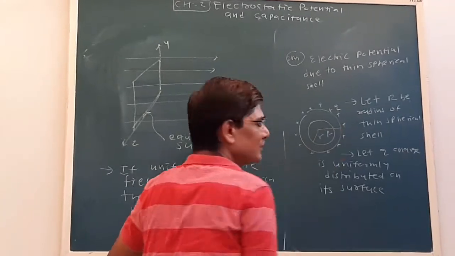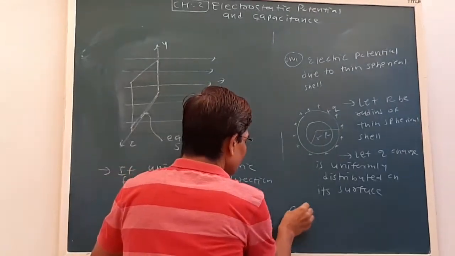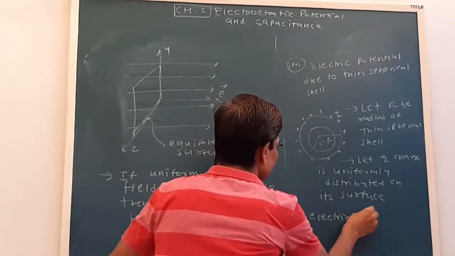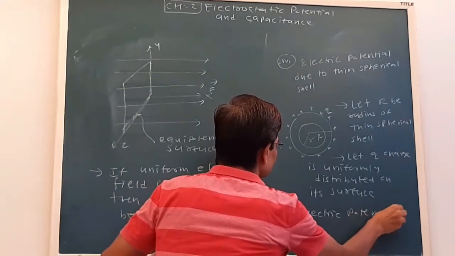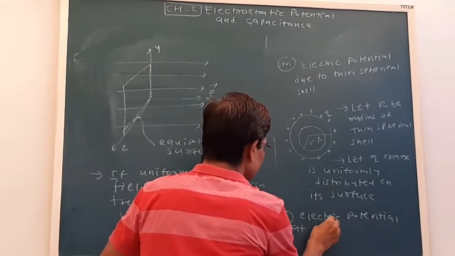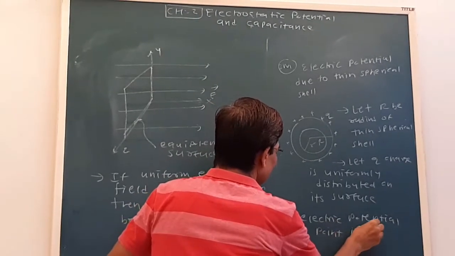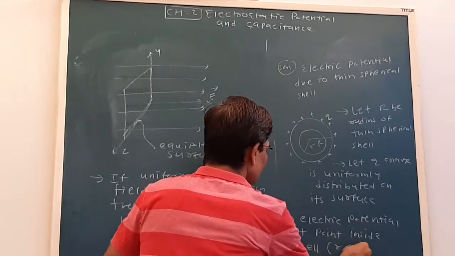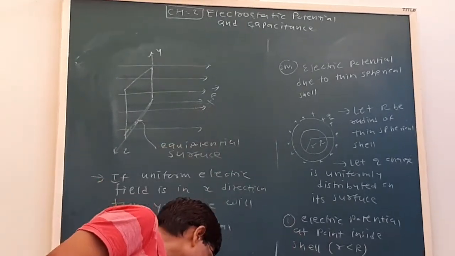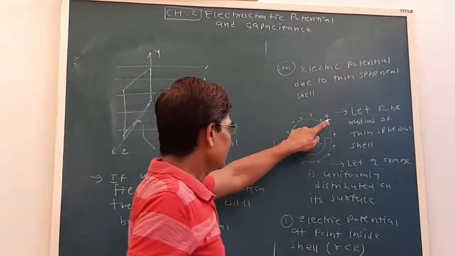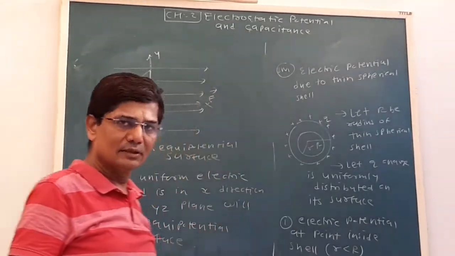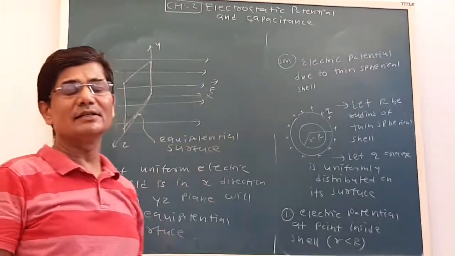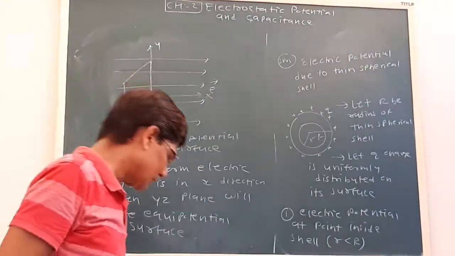Let us say r less than R. So see, the first will be like this. The electric potential at a point inside the shell. Okay, now see, in the first lesson we have seen that in a uniformly charged thin spherical shell, charge is on the outer surface. See, inside the shell there is no charge.